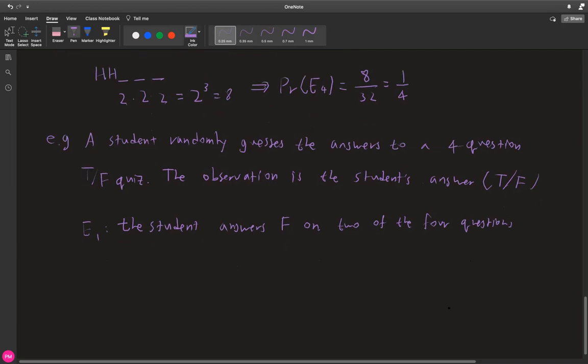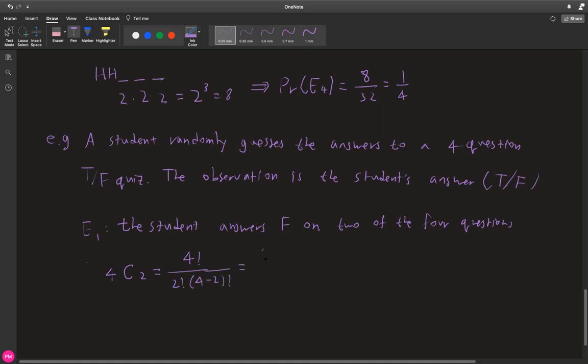And in this case, let's actually do the combination method. We know that we're choosing 2 out of 4. So this is simply 4 combination 2. And this is going to be 4 factorial over 2 factorial multiplied by 4 minus 2 factorial.